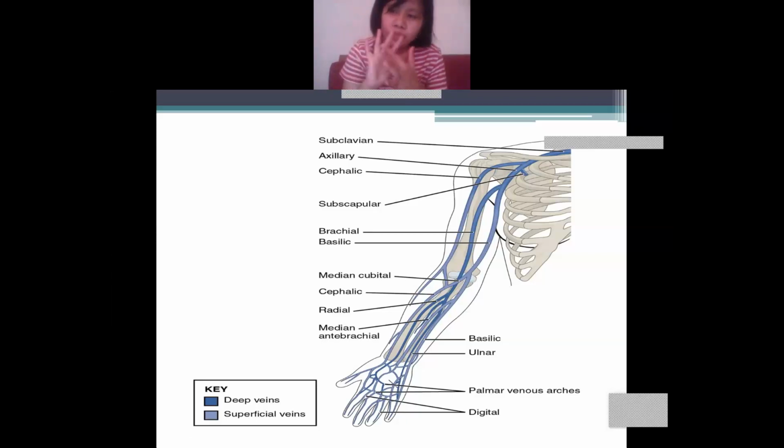Under your tissues and muscles, you will find the palmar venous arch. The palmar venous arch is a part of your deep veins. Understand this one? Are you getting my point? समझ में है सबको? Did you understand, everyone?